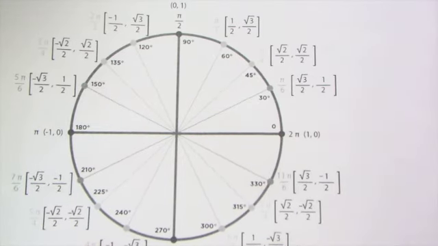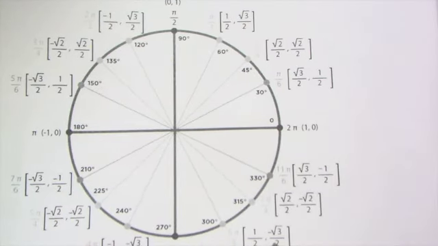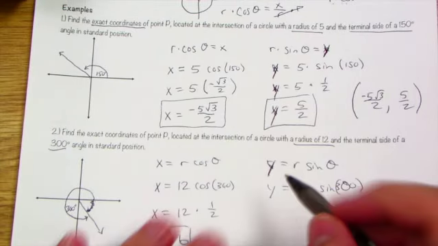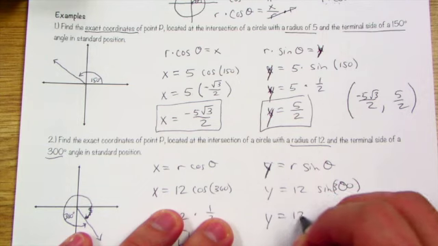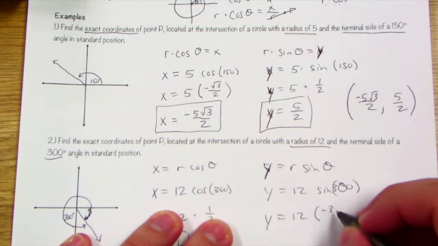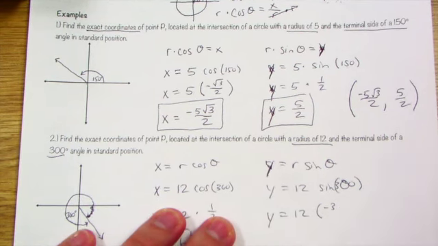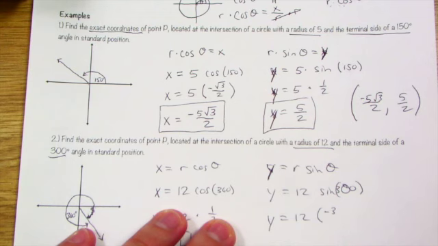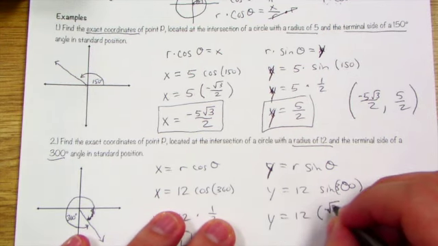Sine at 300 degrees is the y value, so negative radical 3 over 2. So I have y equals 12 times negative radical 3 over 2.